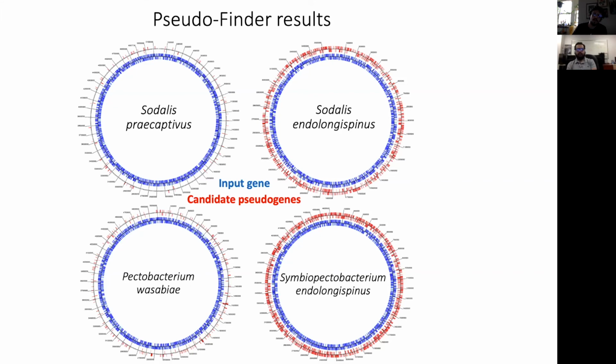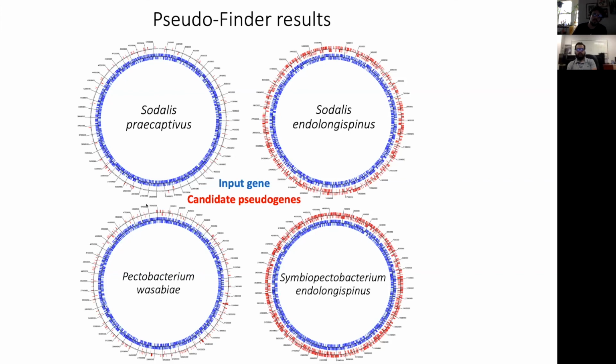And similar thing here. So we have Pectobacterium wasabiae, which is a free-living cultured isolate. And there's an endosymbiont that's closely related to Pectobacterium wasabiae, which has a lot of pseudogenes. So these genomes basically have about 5 to 10% of their genomes as pseudogenes, which is pretty typical for bacteria.